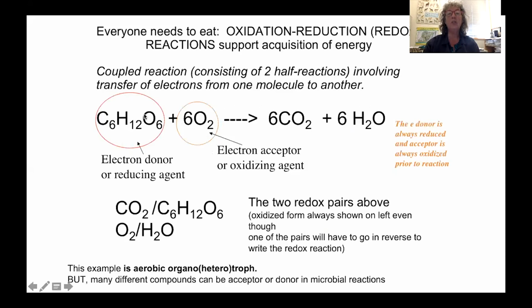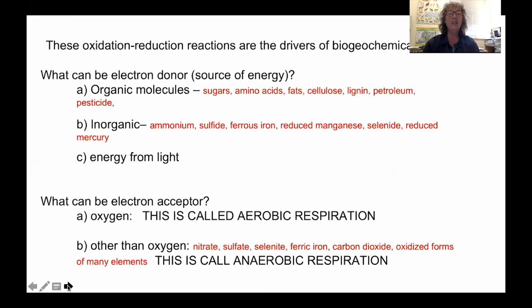But remember, I told you you could swap. Microorganisms can swap different compounds in as the donor and as the acceptor, and that leads to these different kinds of lifestyles. So let's just look at the donor. We know sugars, but also amino acids, fats, petroleum, lignin, and pesticides are all compounds that can be used as donors by a variety of different microorganisms.